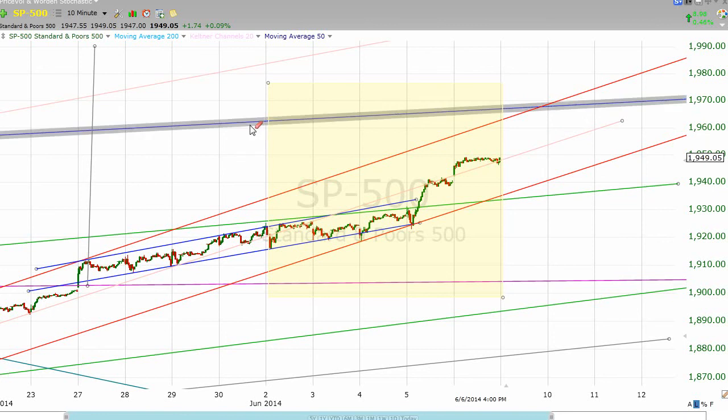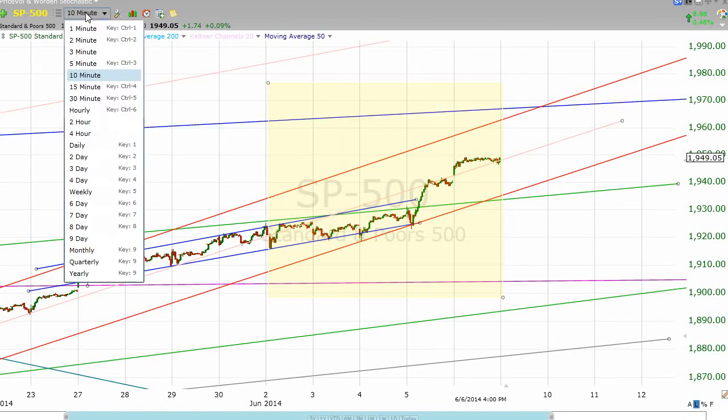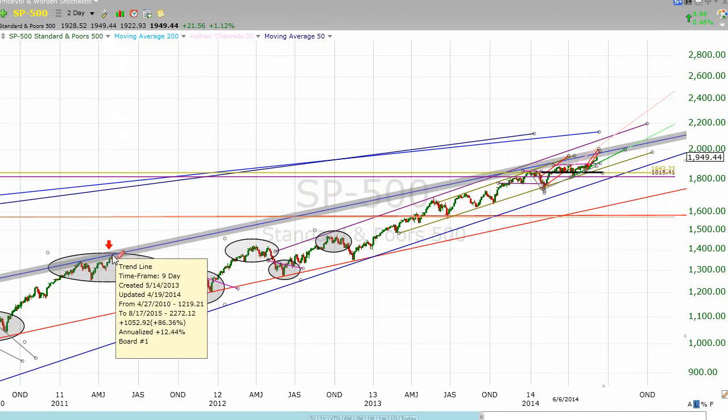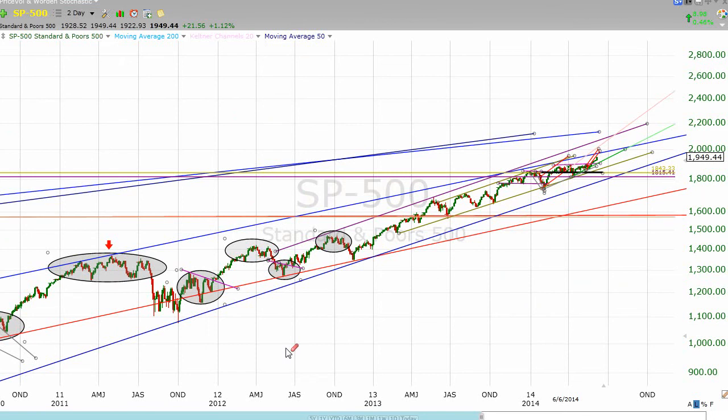This blue line could be resistance. To remind you real quickly where that comes from, it goes all the way back. The last touch on this blue line was all the way back in late April of 2011.